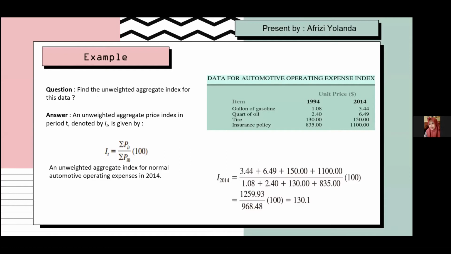The unweighted aggregate index for automotive operating expense in 2014, T equals 2014. To solve the problem, we only need to enter the existing numbers following the formula as shown, and the final result is 130.1.